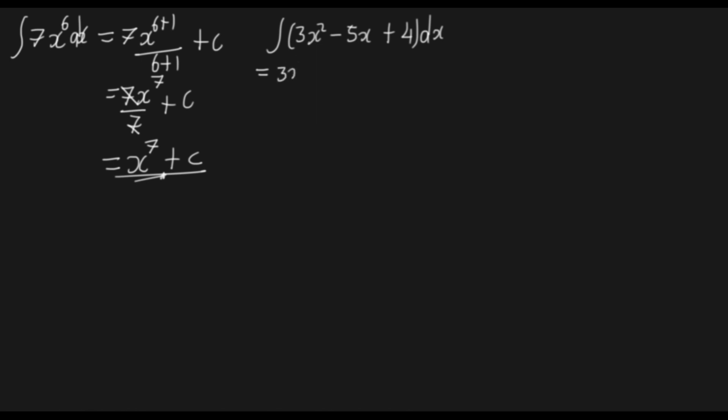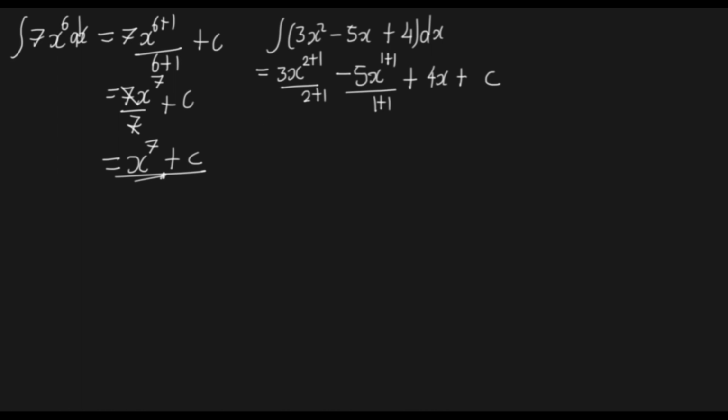This becomes 3x raised to the power 2 plus 1 over 2 plus 1. To the power, you add 1 and divide by the same. Then minus 5x, where x is raised to the power 1, so 1 plus 1 over 1 plus 1. Plus 4, which is a constant. We said we need to multiply it by x, so 4 becomes 4x, plus some generic constant c.